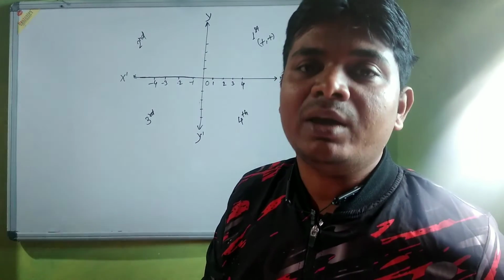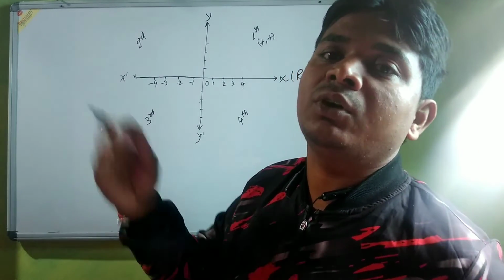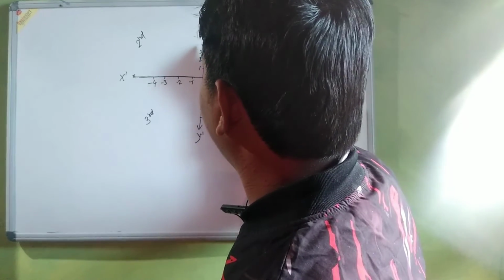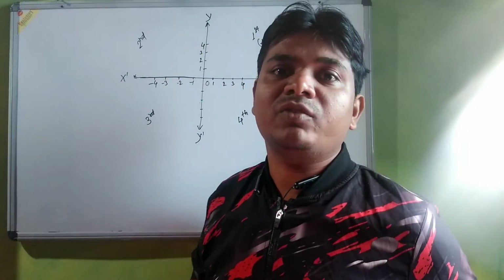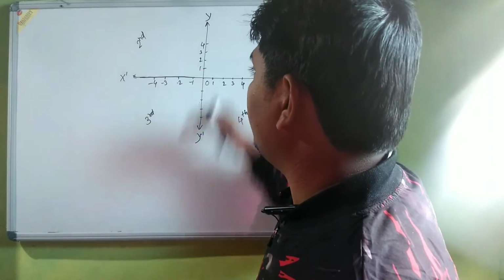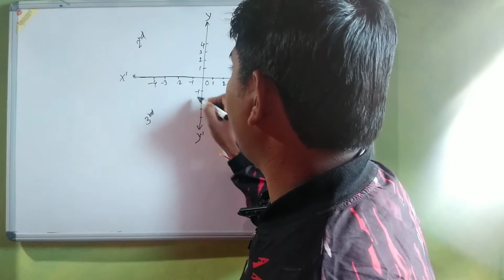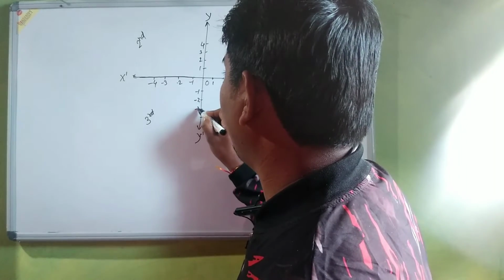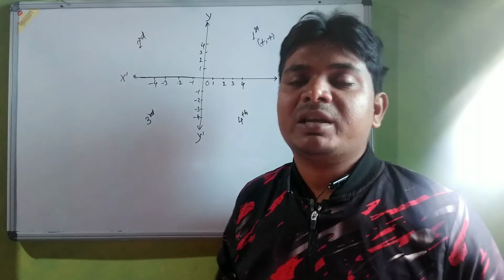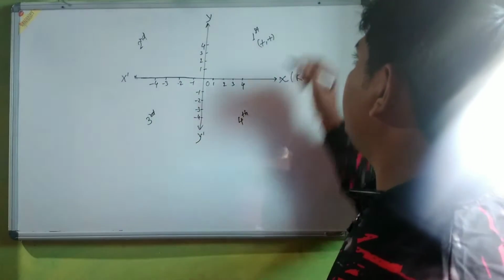Positive values of y would lie above the origin, and this one is 1, 2, 3, 4, and the negative values of y would lie just below the origin, and here we have -1, -2, -3, -4, and so on we can take.